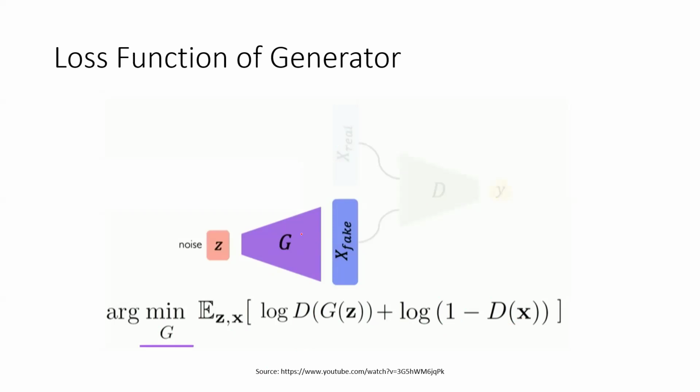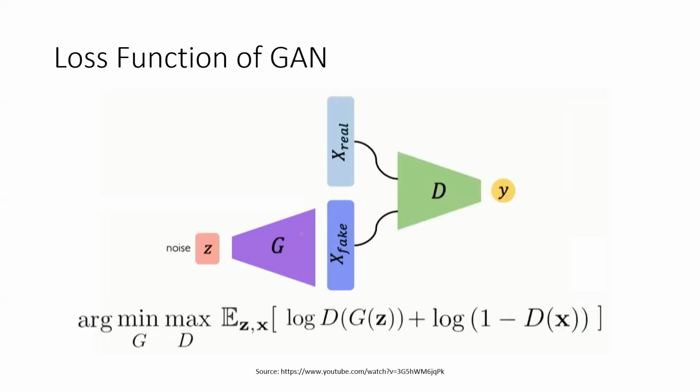They are competing with each other. So the loss function for both the generator and the discriminator can be described like this. This is the loss function for the generative adversarial network.